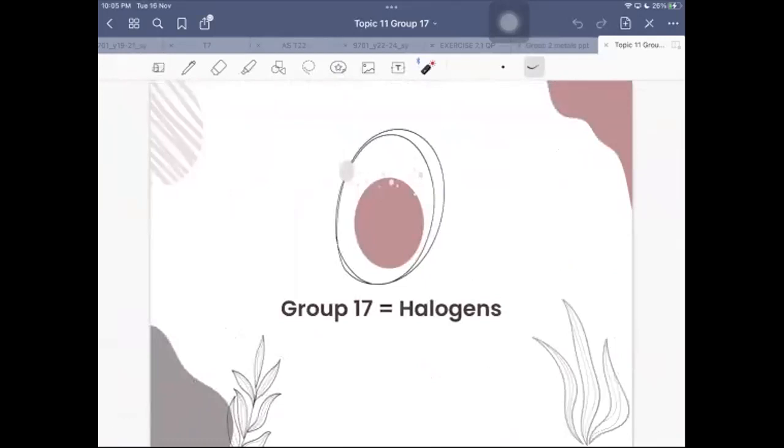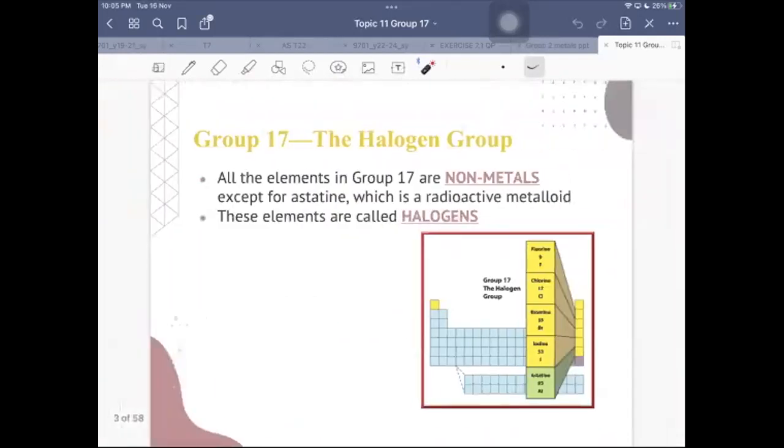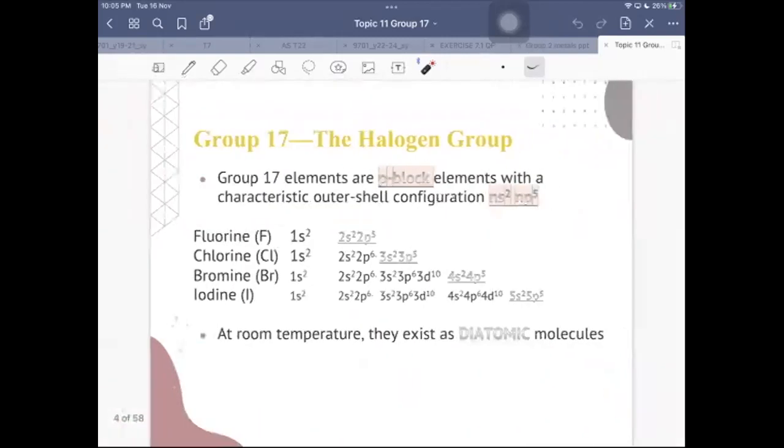Group 17 are the halogens, basically your fluorine, chlorine, bromine, and iodine, except astatine. Astatine is not considered as a part of group 17, which is your nonmetals. Okay, they're all nonmetals except astatine. So we will be looking at just the four members, which is from fluorine down to iodine.